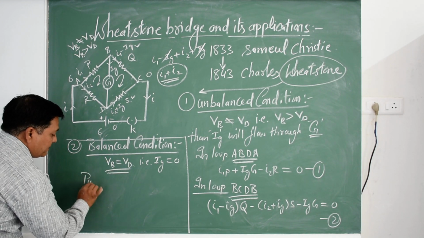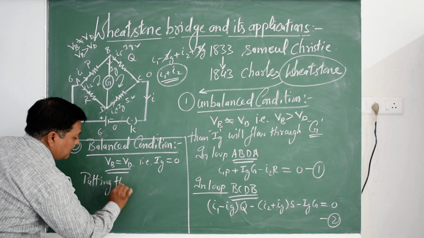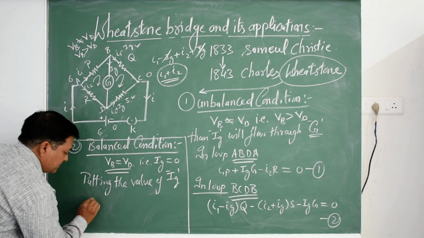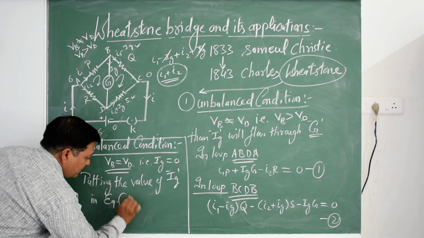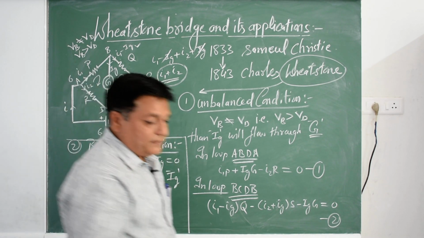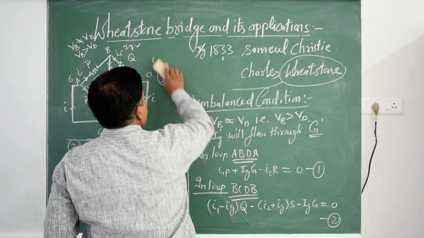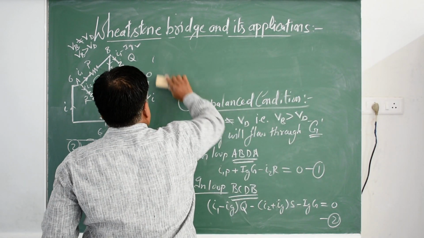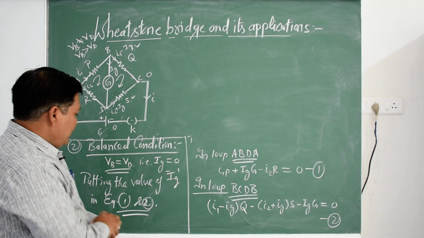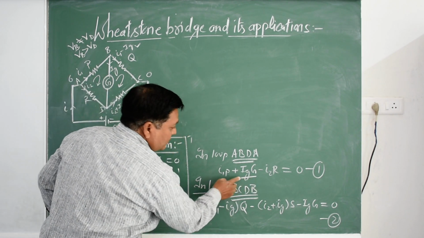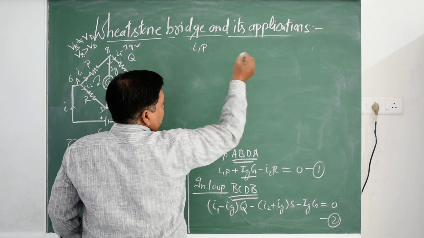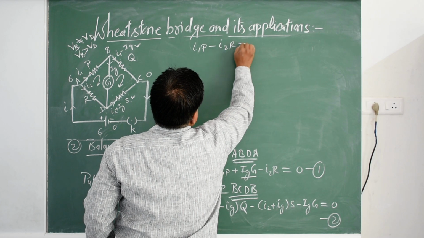Putting the value of Ig in equations 1 and 2, what do we get? Let us solve. Balanced condition, equation number 1: if we place Ig equal to 0, the Ig G term becomes 0. So we get I1 P minus I2 R is equal to 0.